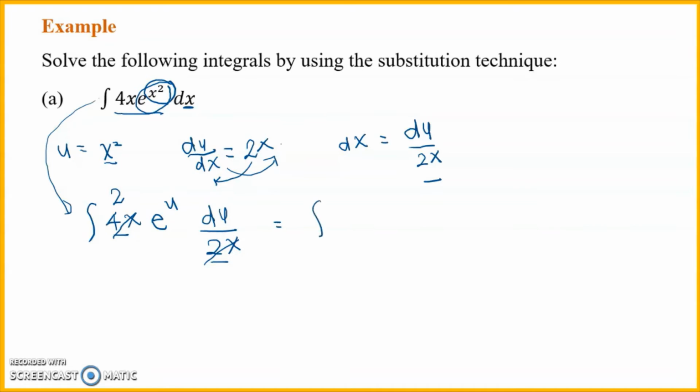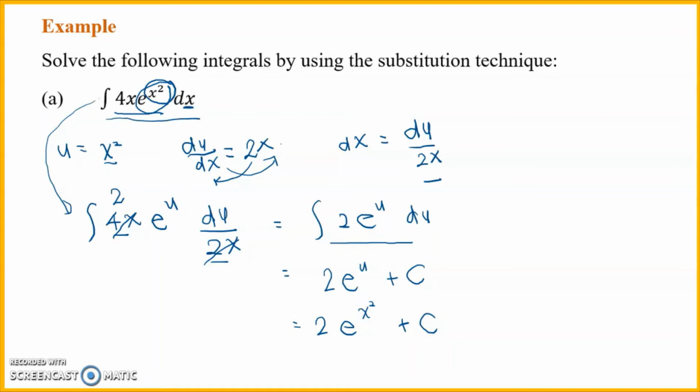So now our problem is 2 e to the u du. This is our integration problem, and this is easy to integrate. To integrate e to the u will give us e to the u back plus c. And for the final step, we just substitute u as x squared. So this is the result for this integration problem.